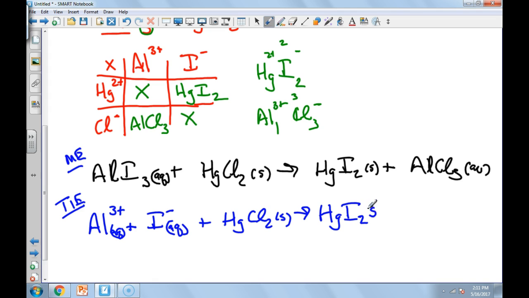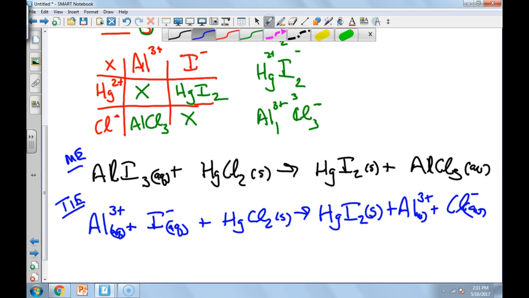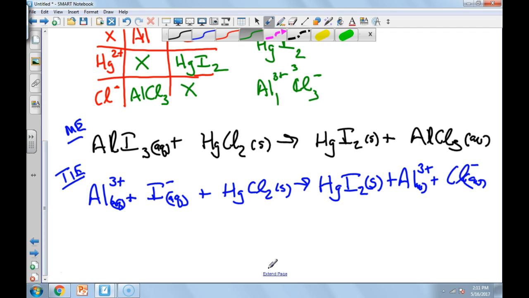Okay, so then this is going to go solid plus Al3 plus Cl minus, aqueous. Okay, and this is aqueous. So now, in order to write the net ionic equation, okay, the net ionic equation, NIE, we cancel everything that's the same on both sides.